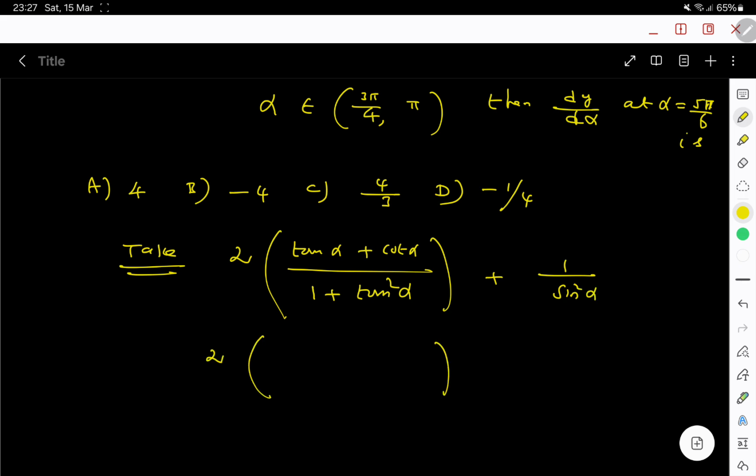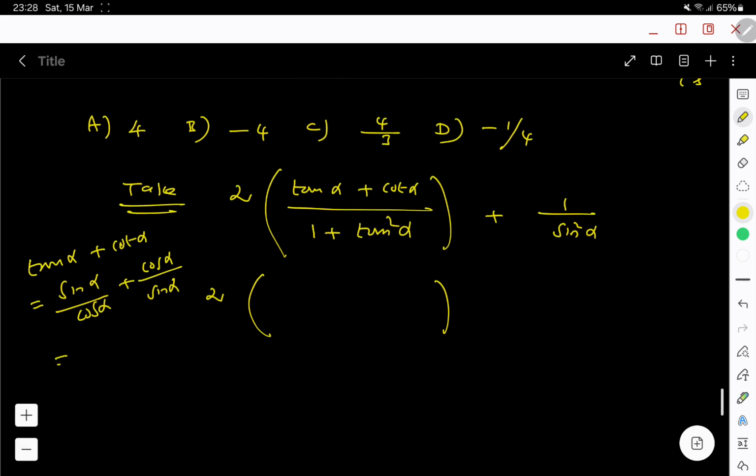So we know tan alpha plus cot alpha. Tan alpha is sin by cos, cot alpha is cos alpha by sin alpha. Take LCM: sin square alpha plus cos square alpha, which is 1, divided by sin alpha cos alpha.